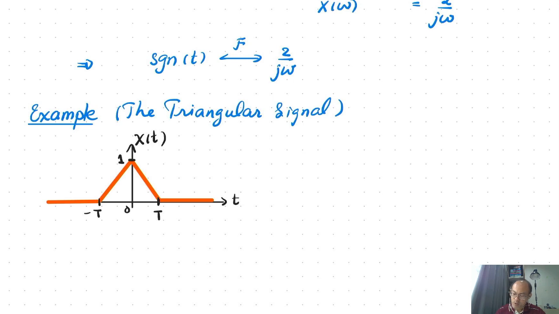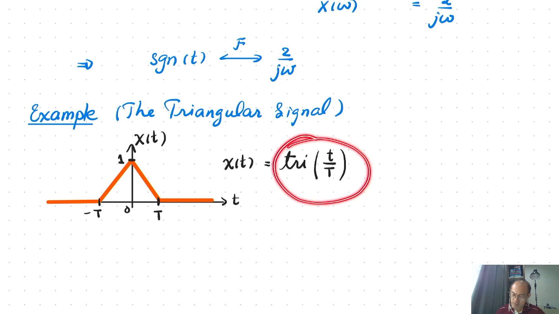So if you try to write an equation for it, by the way, we denote it by TRI. TRI stands for a triangular signal, and t over capital T here.